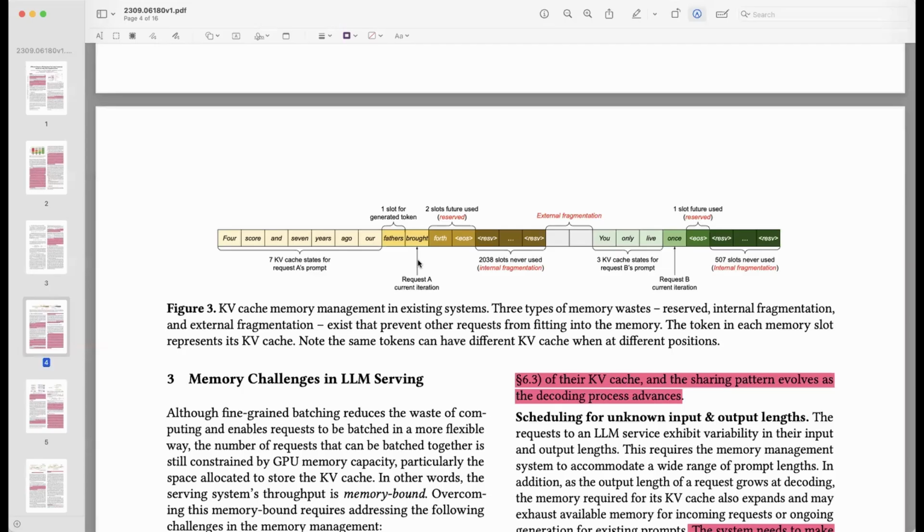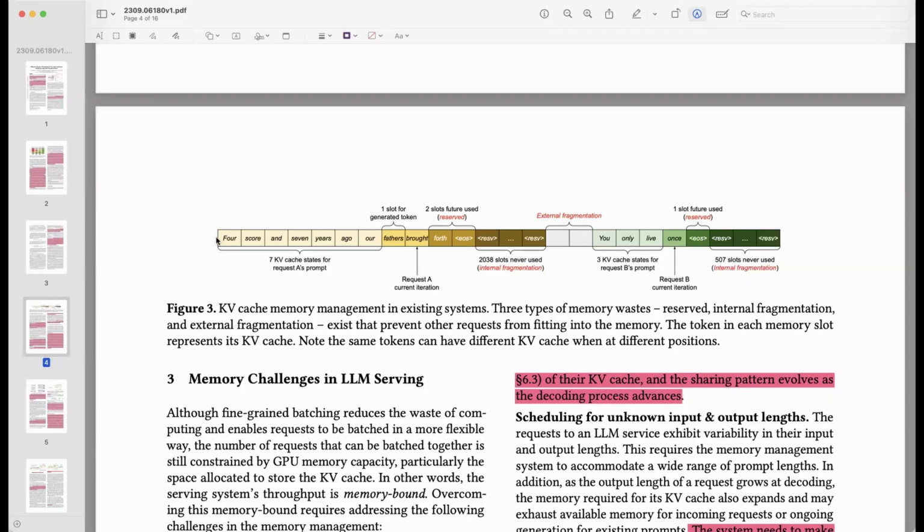So if you look at yourself in time, the LLM has just generated the word, and now it's going to go into the future and generate these two tokens. Suppose you knew you were going to generate two more tokens. For those two tokens you do need that space, so that is called the reserved space in this diagram. Almost always, you don't know how many tokens you're going to generate in the autoregression because you don't know when you'll reach the end of sequence.